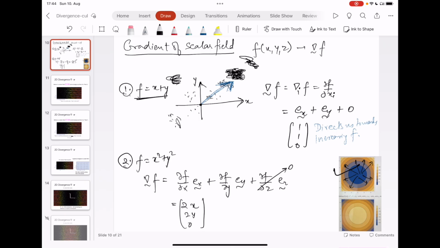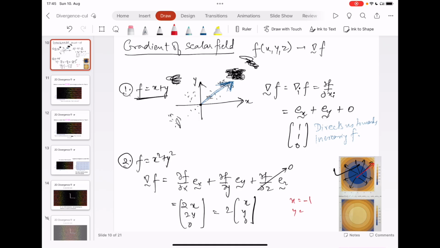Now, if you take the 2 out, this is x, y, and 0. If you put in any values, let's say x equal to 1, y equal to 1, the vector is going to be 2, 2, 0. Again, it's going to point in this direction.